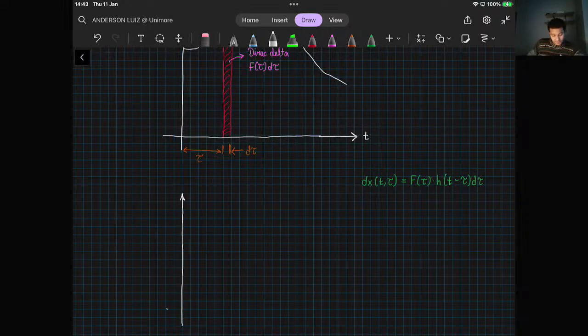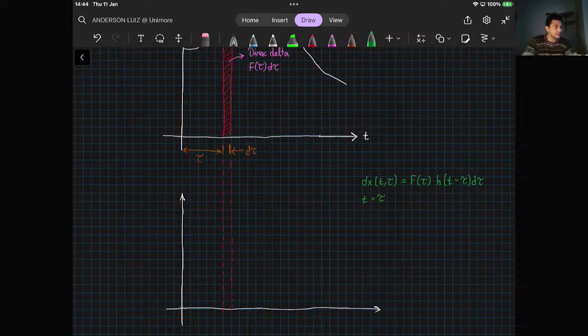Let's take the same portion, because this is the window, the response to df applied at time t equal tau.